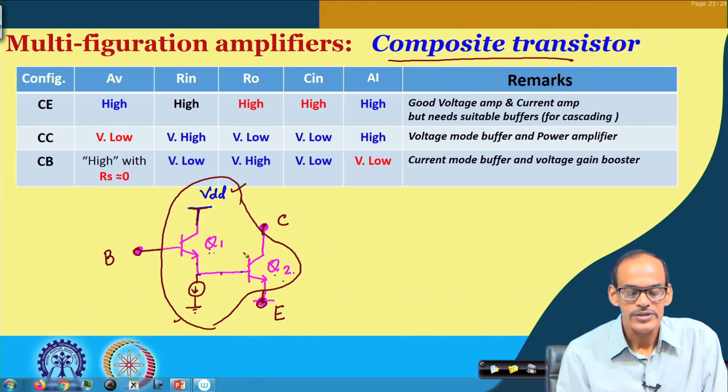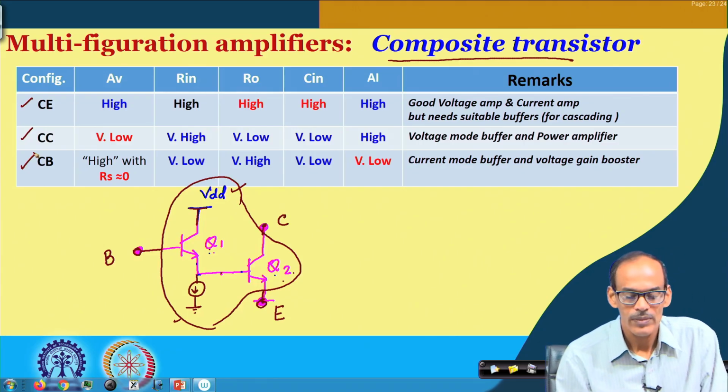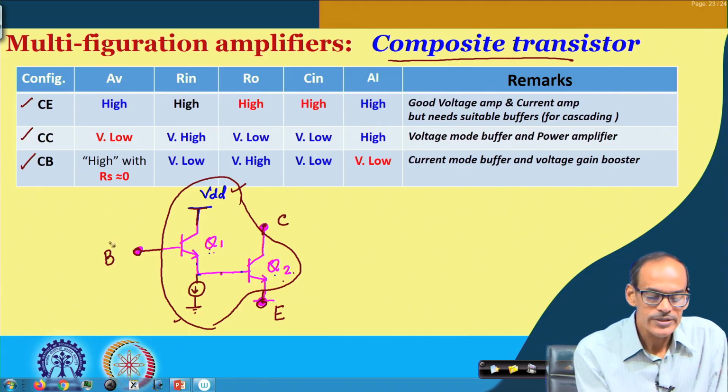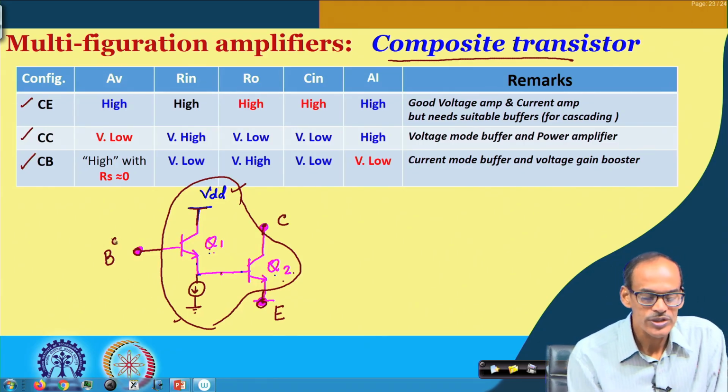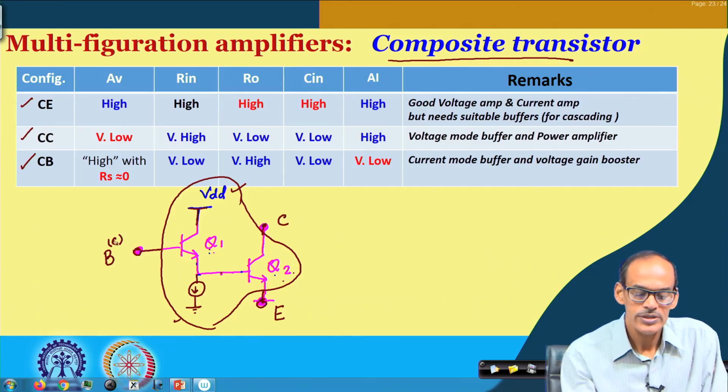For one transistor we have already seen that 3 possible configurations are available. If I call this the base of the composite transistor, denoted by B superscript C, this is the collector of the composite transistor, denoted by C superscript C, and likewise the emitter, E superscript C.